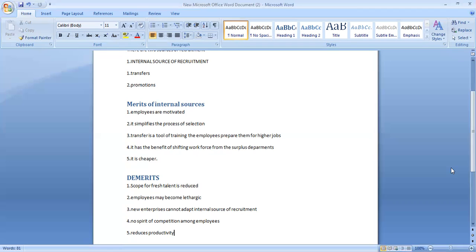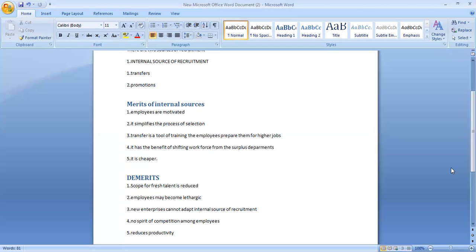No spirit of competition among employees. In the sense that all our old employees, old candidates, and everyone have been working together for 3 years, 5 years. So they will have a good relationship, and that spirit of competition will never arise among these candidates.